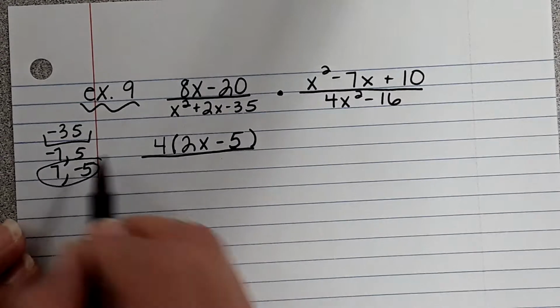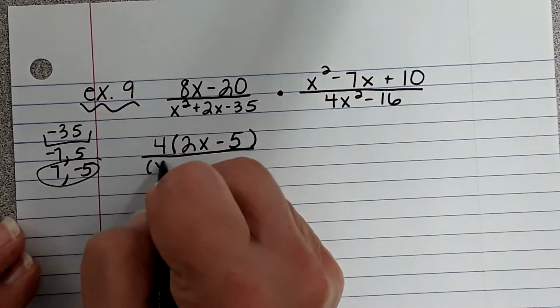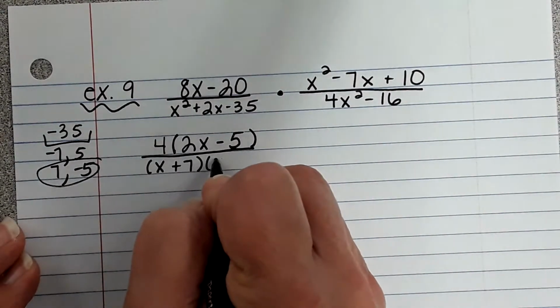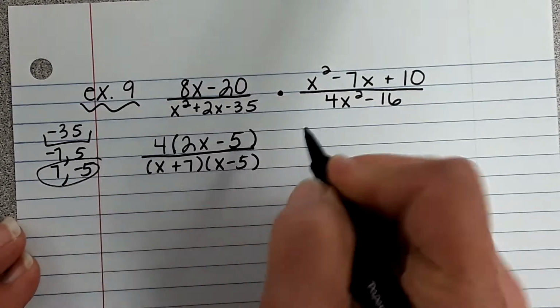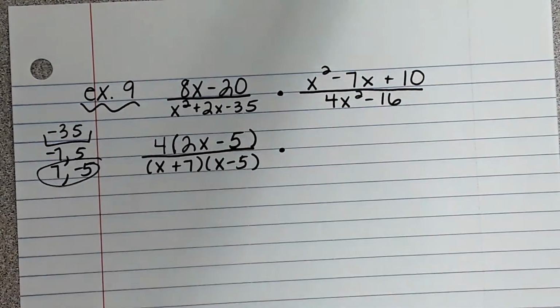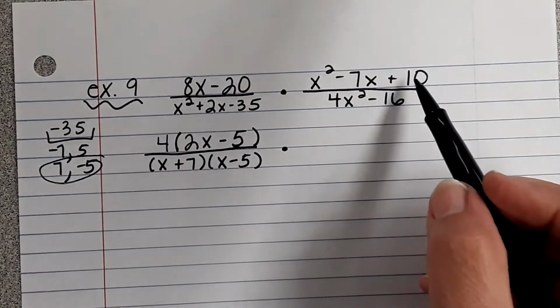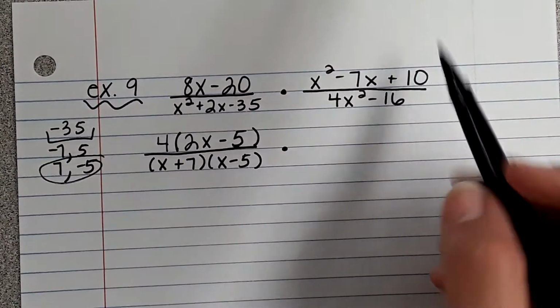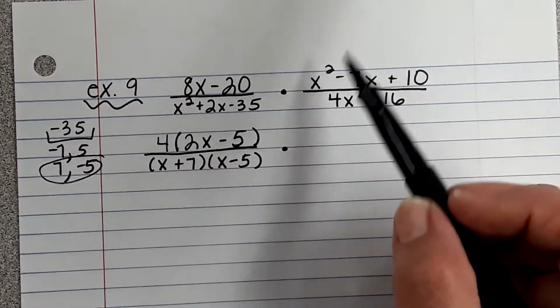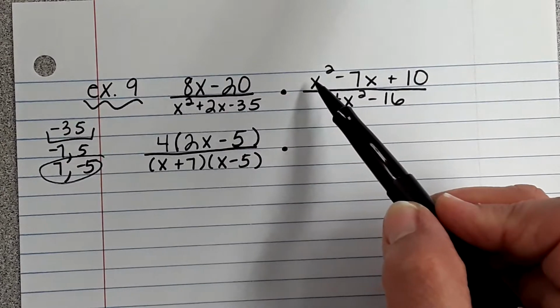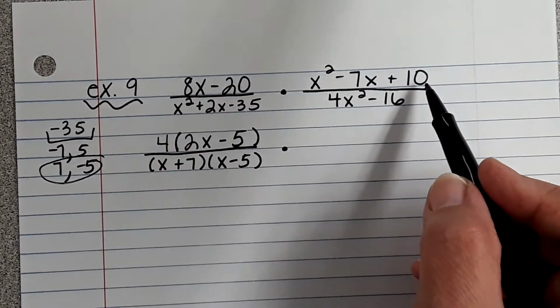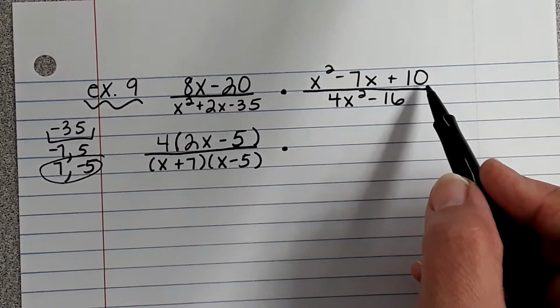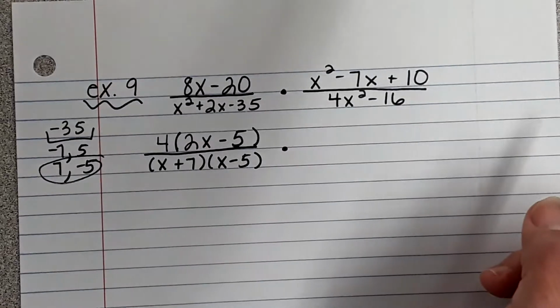So this one right here. So I'm going to write x plus 7 times x minus 5. Now the reason I can factor it like this, you guys, is because there's not a number in front. So two numbers you can multiply to get 10. When you add them, you get negative 7.